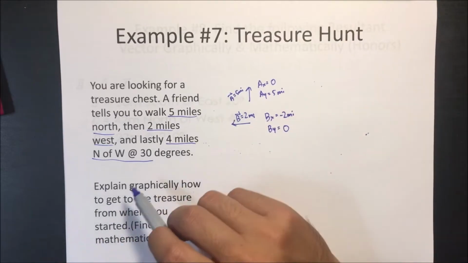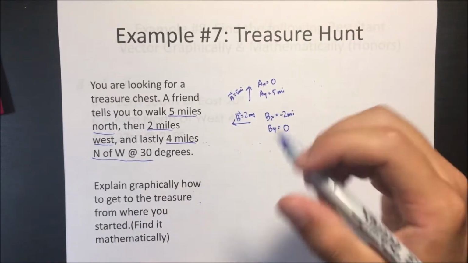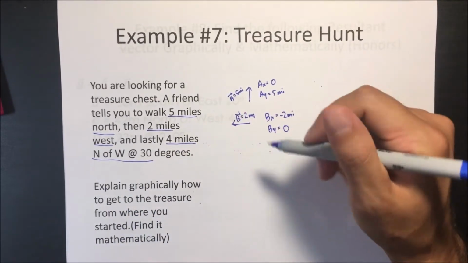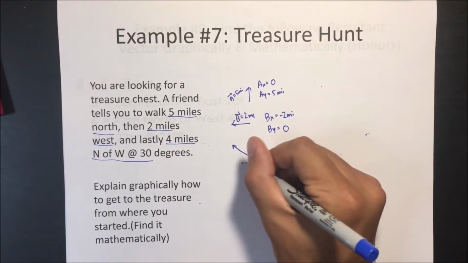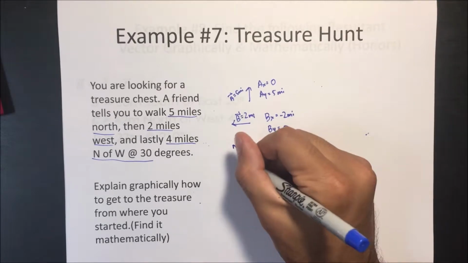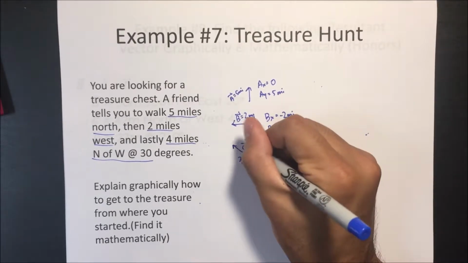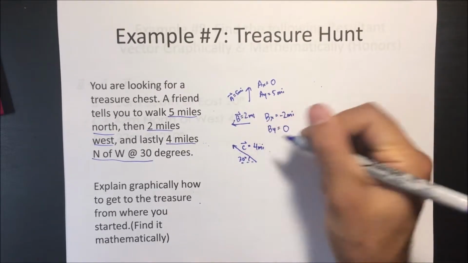And lastly, 4 miles north of west at 30 degrees. We're going to look at west first, and then north 30 degrees. It's going to look something like this. So this is 30 degrees, and this is 4 miles.